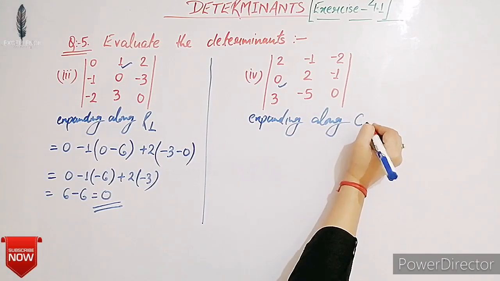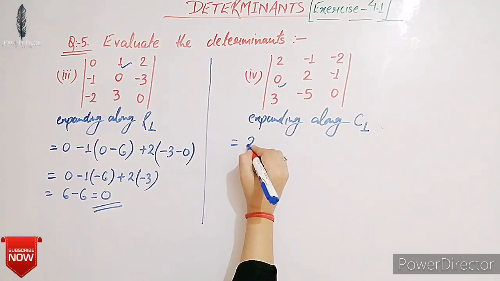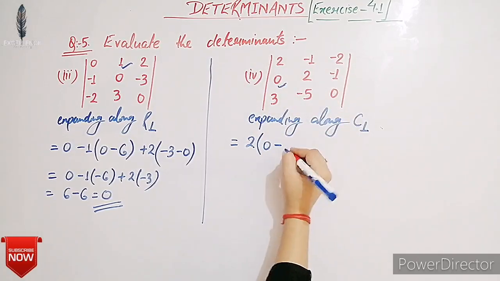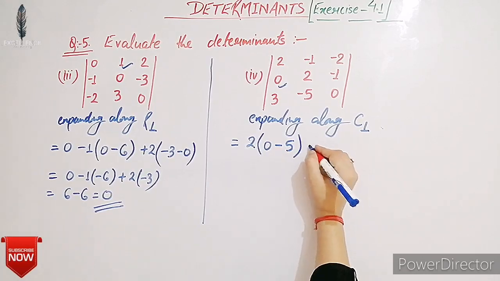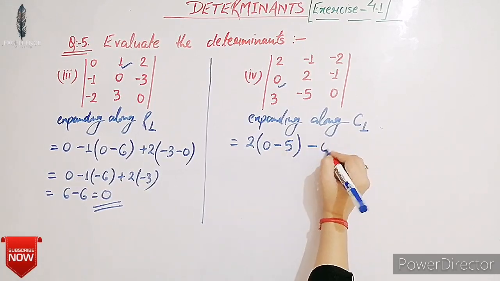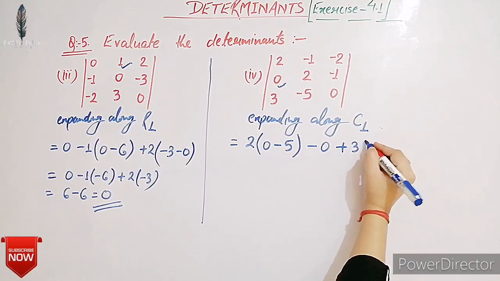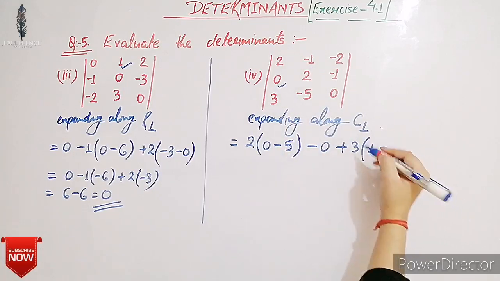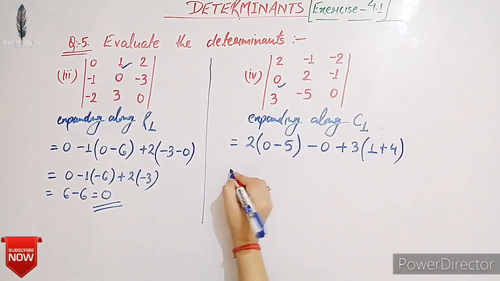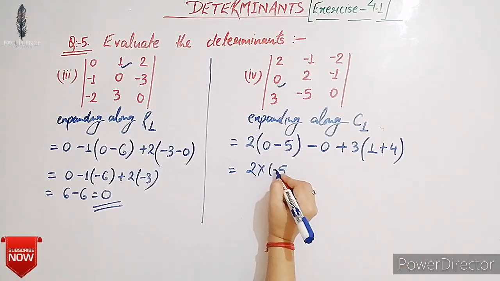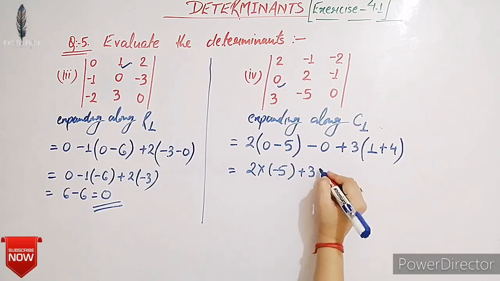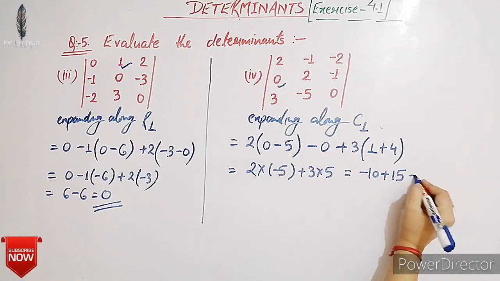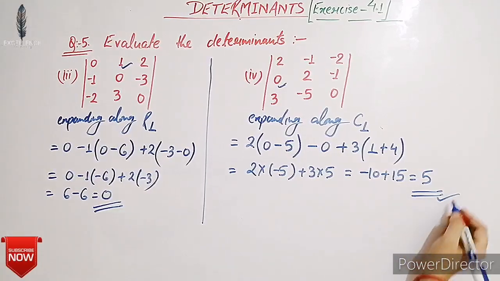So expanding along the first column, 2 into, here 0 minus 1 into minus 5, that is 5, minus 0 plus 3 into this block, then we get minus 1 into minus 1, that is 1, minus 2 into 2, minus 4, minus plus, so plus 4, 2 into minus 5 plus 3 into 5. So it is minus 10 plus 15 is equal to 5, the required value.